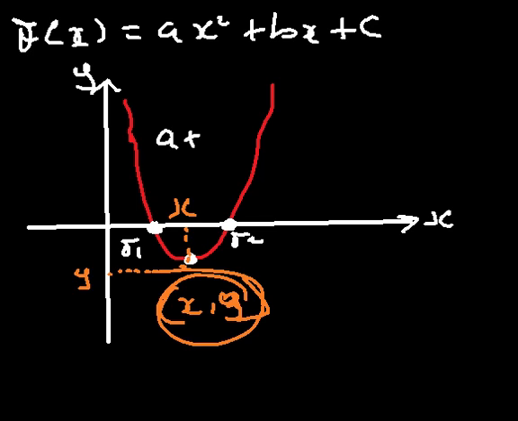These are the coordinates at the turning point. Mind you, I have said that this is the minimum point because the graph is concave upwards.